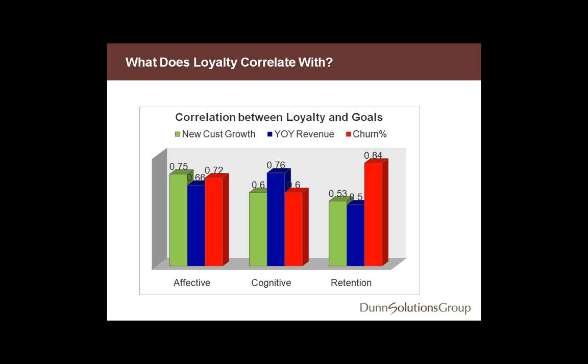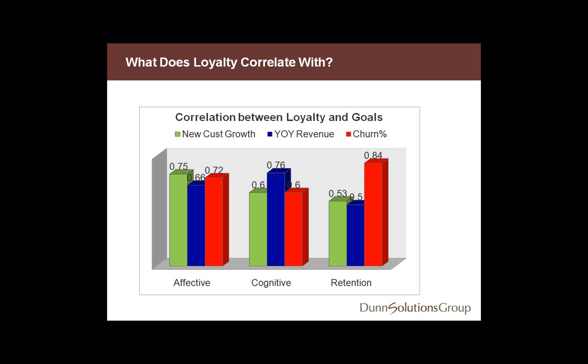So here's that relationship between business goals and the loyalty. If the goal is new customer growth, the data suggests that affective loyalty is your target area, and you should focus on friendliness and professionalism.